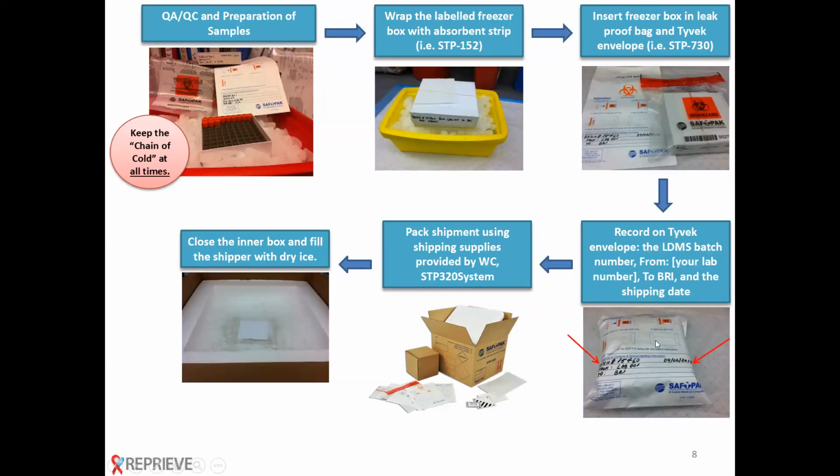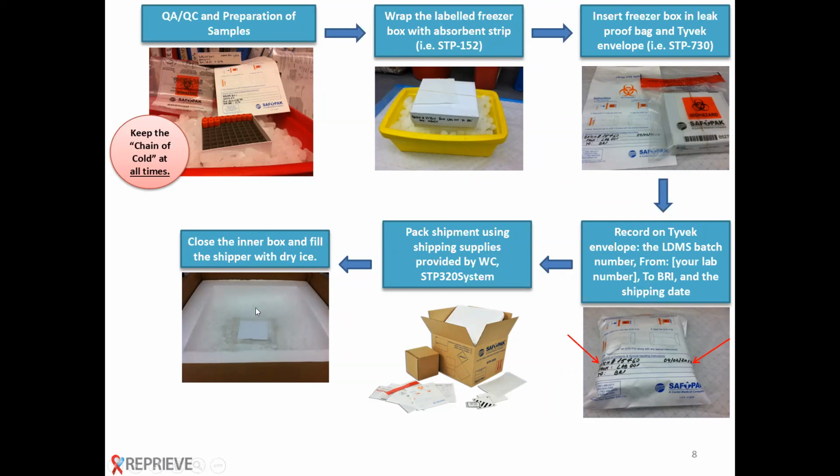Now, on the envelope, you'll place the LDMS batch number or shipment number, your lab number, and BRI, as well as the shipping date. And we see that with the arrows here. Then you take that Tyvek envelope and pack into your shipper.